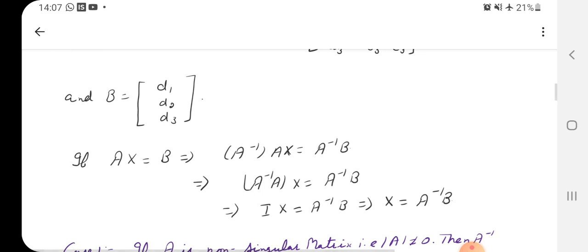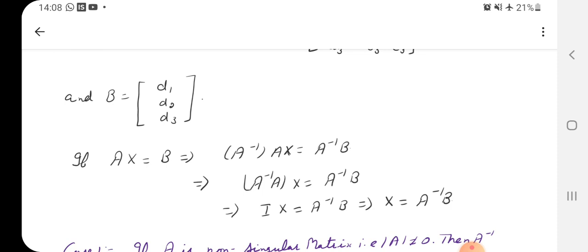Now how do we solve these equations with the help of matrices and determinants? If we write the system in the form AX = B, can we multiply by A inverse on both sides? If A inverse exists, I can multiply on both sides with A inverse, and I am multiplying on the left, right?